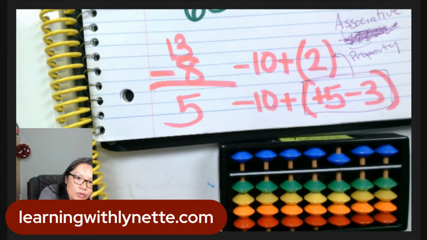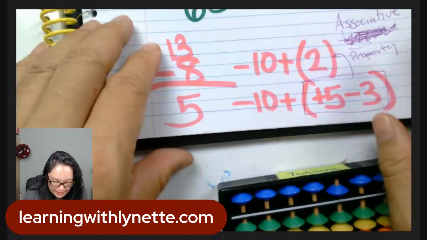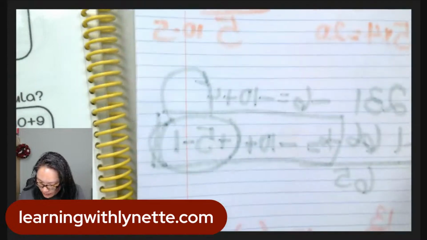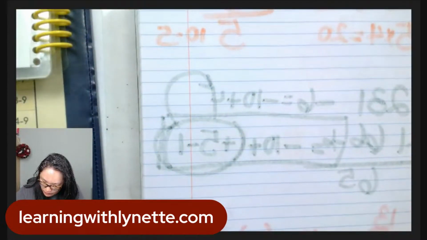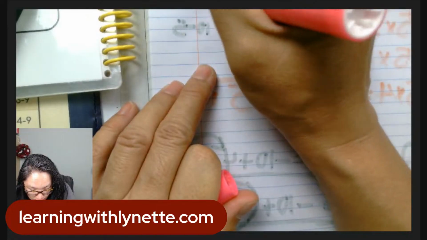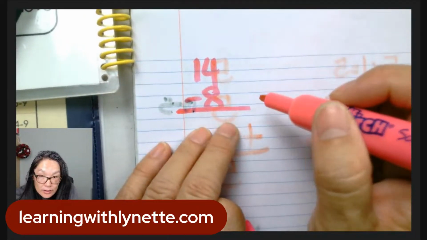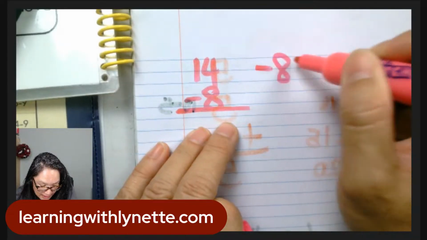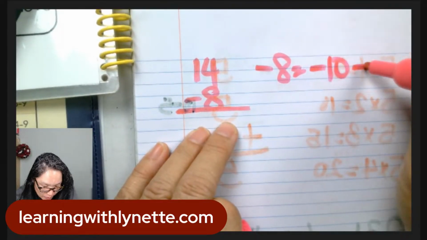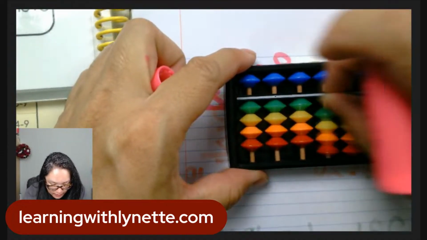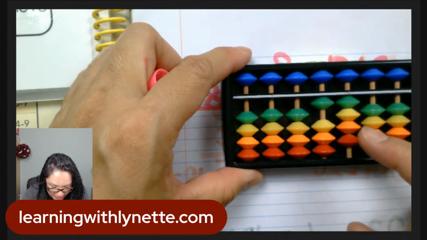Because what can we do? It would be the same thing if I did another one. We'll do 14 minus 8 again. Minus the 8 is equal to minus the 10 plus 2. So what does that look like? I have 14 minus 8.